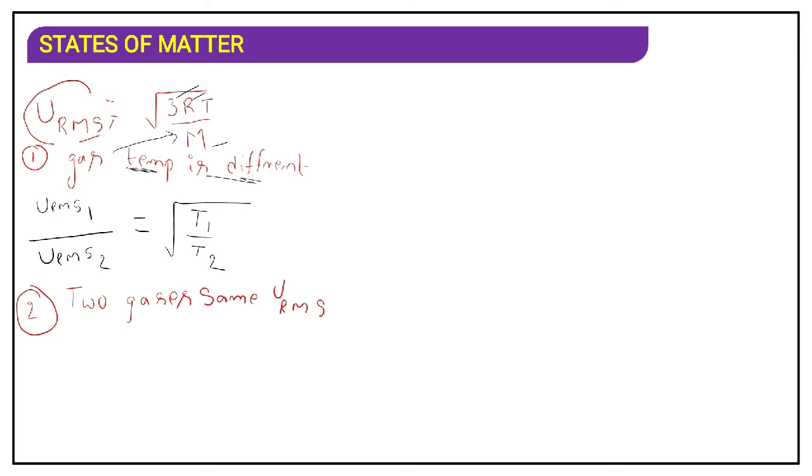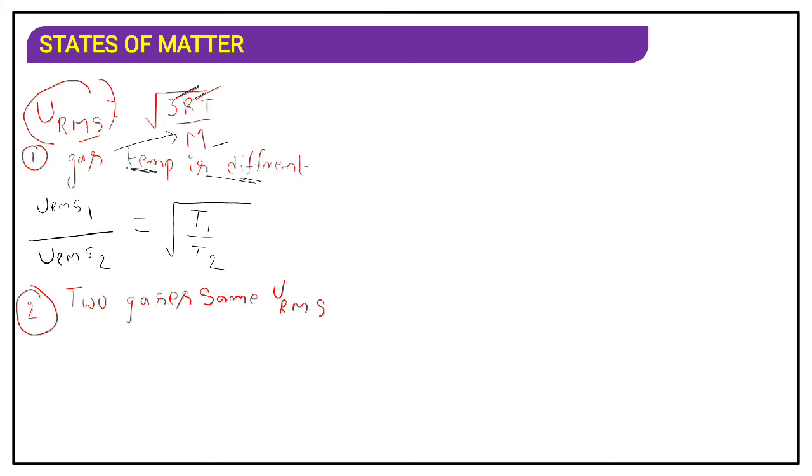When this is a constant, when the two gases, see, this is the basic expression. URMS is a constant, then what is constant here? 3 is also constant, R is also constant. But I am not saying that temperature is a constant, and also I am not saying that for two gases M is also constant. See, if I take once again here, you get the clarity now.